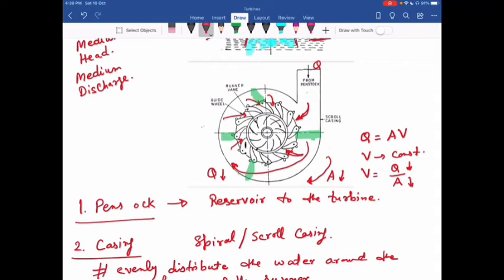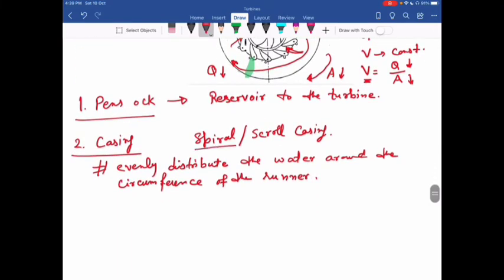This is to maintain the entrance velocity constant. So to make a constant velocity, we give a special shape to the casing by reducing its cross-section area. That shape we call the spiral casing or the scroll casing. So another function of this casing is to maintain V constant.